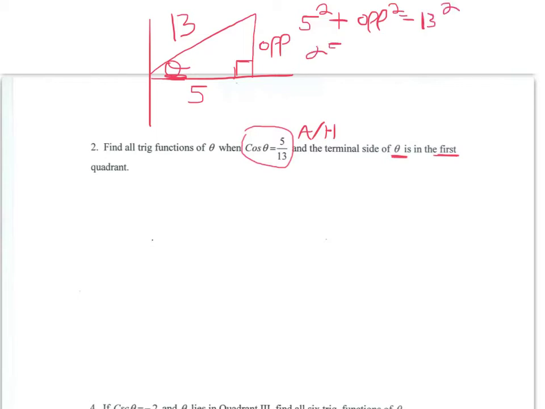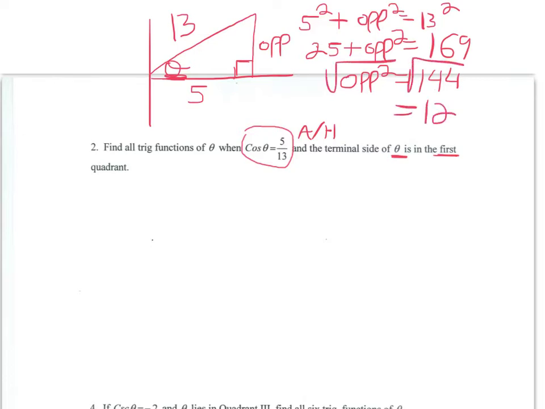So you get 25 plus the opposite side squared equals 13 squared, which is 169. Then after you subtract 25 from both sides, you have the opposite side squared equals 169 minus 25, which is 144. Then you take the square root of 144, and you get 12 to be the opposite side. So let's put this in here. This is 12. Then from there, it's just all SOHCAHTOA.